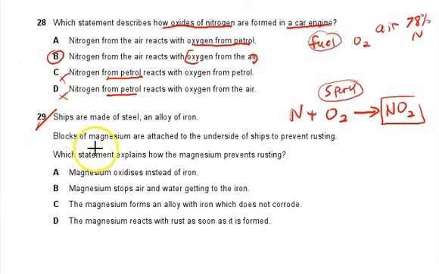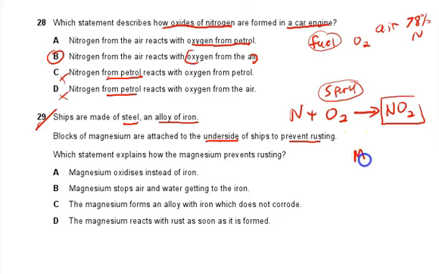Okay, 29. Ships are made of steel, an alloy of iron. Blocks of magnesium are attached to the underside of ships to prevent rusting. Which statement explains how the magnesium prevents rusting?